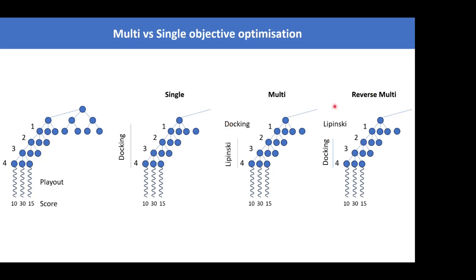And then we have the reverse policy where we decide, well, maybe the docking is the limiting factor because finding molecules that bind to your protein is the most important thing. And then once we find that, we decide whether or not they're good drug molecules. So that's the reverse multi-policy approach.